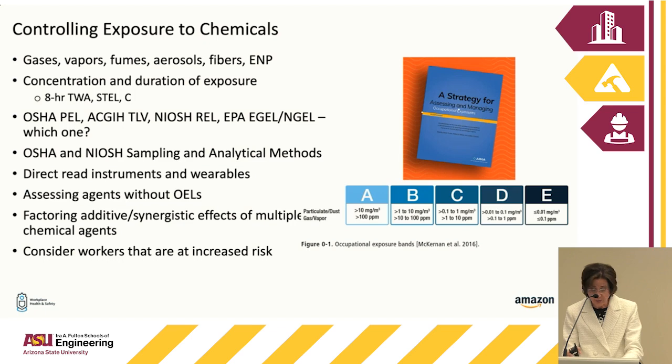So for agents with acute toxicity, what's the day-to-day exposure variation within a work shift, within a day, with the way I do it? Here's a good example. My mother taught me to bake pies, okay? Her work in her kitchen was pristine. There was not a piece of flour anywhere.